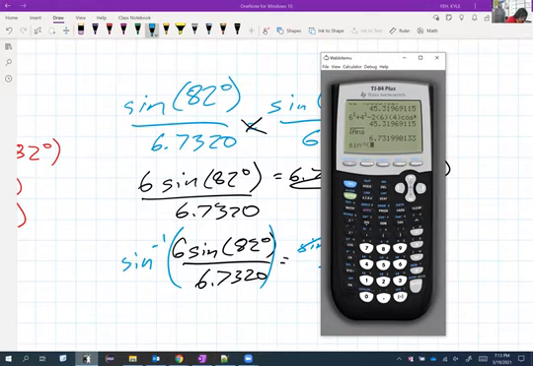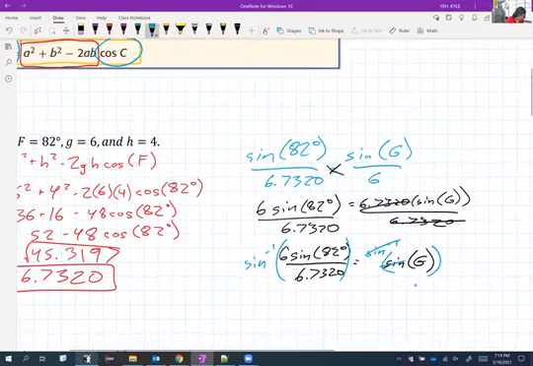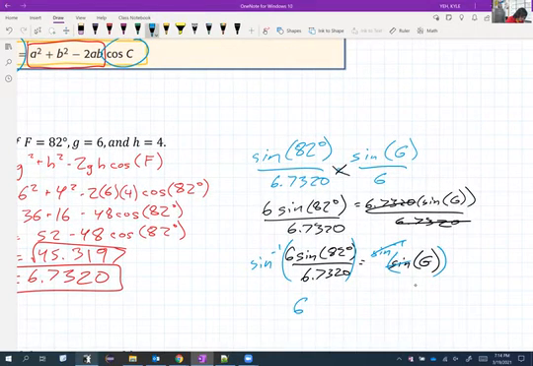Inverse sine of 6 sine of 82 degrees divided by 6.7320 equals about 62 degrees. Now, I want to just make sure that makes sense.